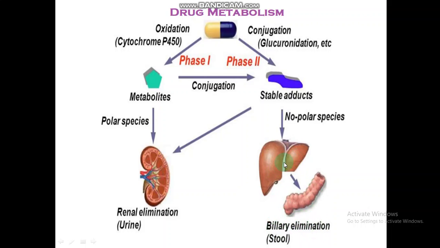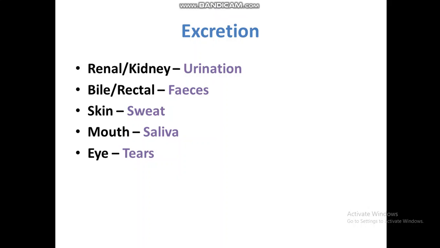Bile salts will make it solubilized in bile, and then it will be excreted out through stool. So it will take this path, that is stool. Some medicine is also excreted out through sweating or through tears. In this way drug metabolism is important.